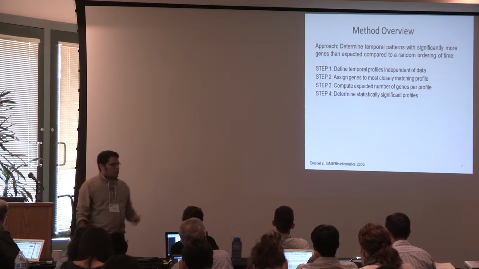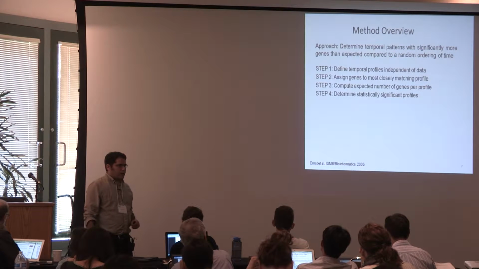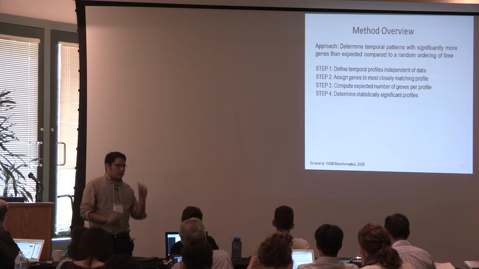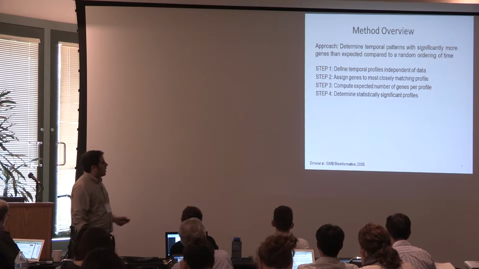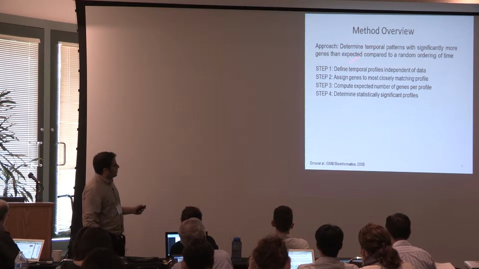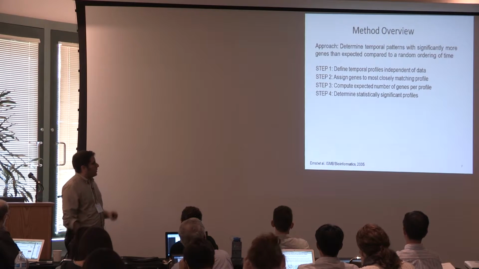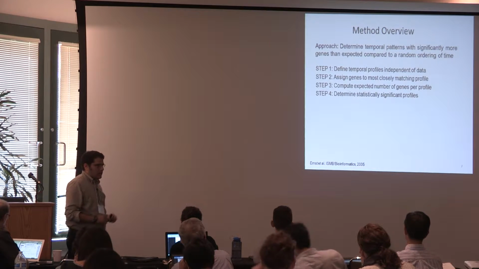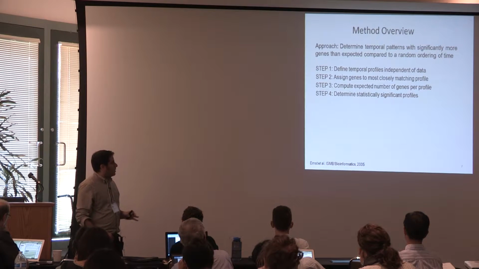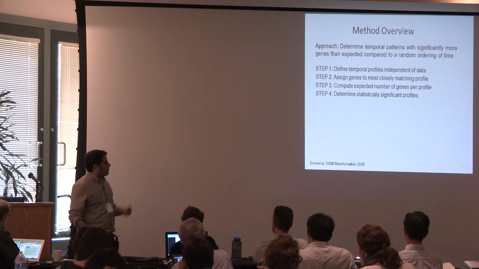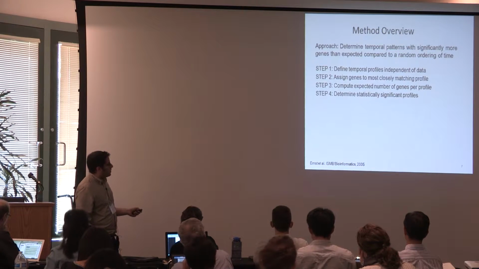So we took a new approach to analyzing time series expression data, leveraging the fact that we were focusing specifically on a small number of time points, which made it possible to define a reasonable set of temporal profiles that we would expect to see independent of the data, that would be both representative of any profile and such that each profile was distinct from one another.